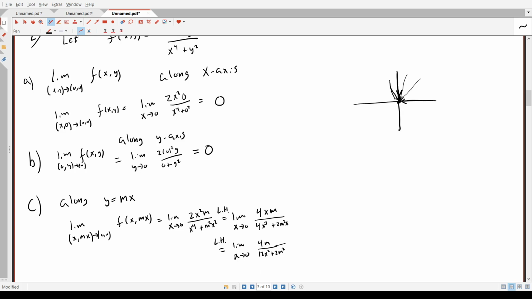Okay, so I plug in 0, and I get 4m over 2m squared. No, that's not right. This should be squared. Okay, so I cancel that out, and I get 2 over m. Is that right? So if the slope is, that should be 0.